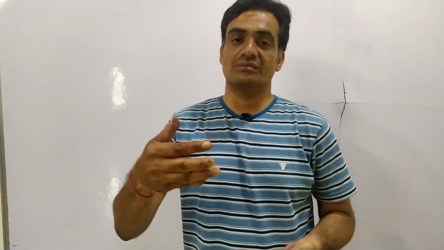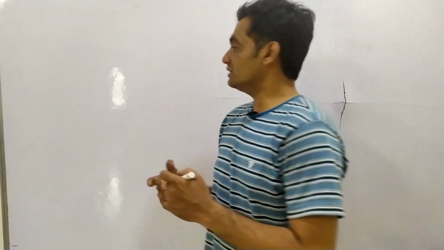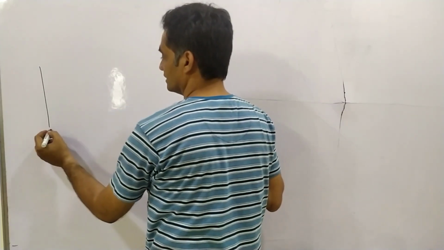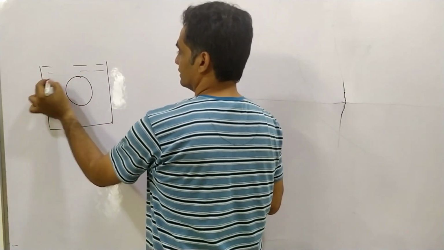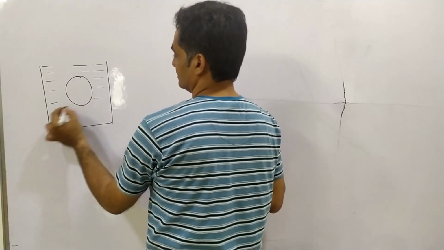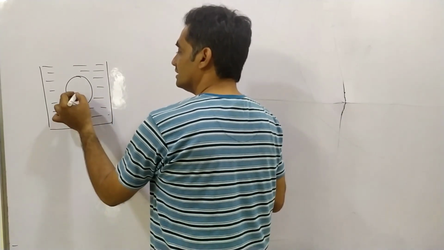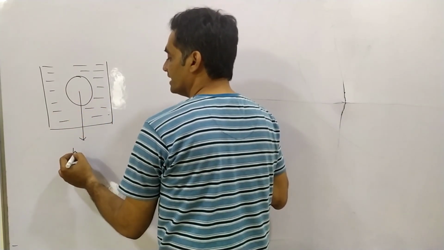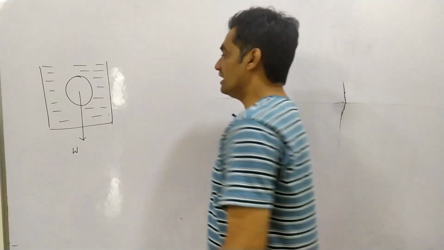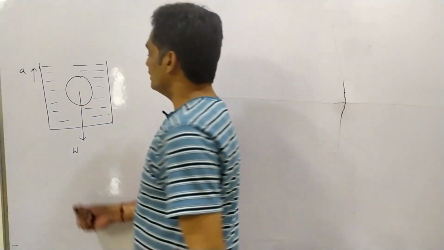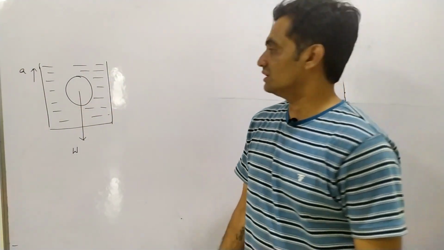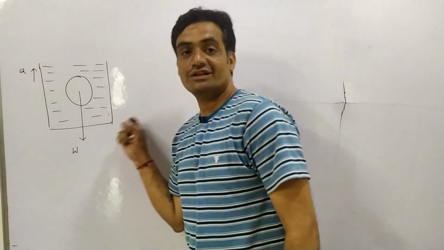Now we are going to discuss the effect of temperature on a body when it is moving in a liquid. So here I am going to consider a body within the liquid. Here the weight of the body will be acting in the downward direction. And if this block is moving in the upward direction, then pseudo force will be acting in the downward direction.